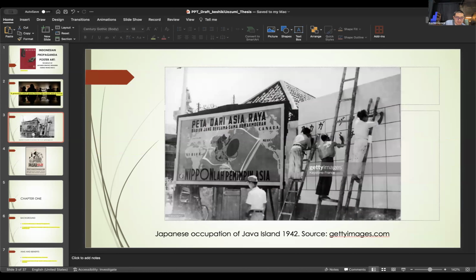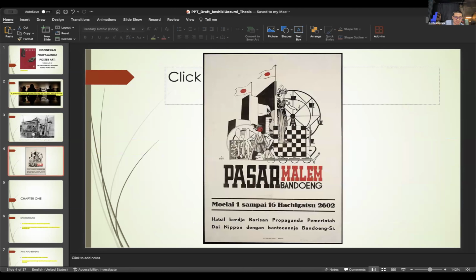In the design aspect, I think they also made a great impact because they introduced Indonesia to a more modernized way of design compared to the Dutch era.